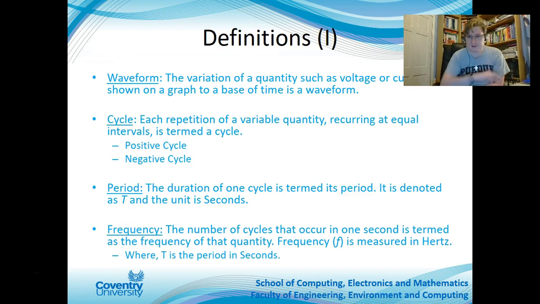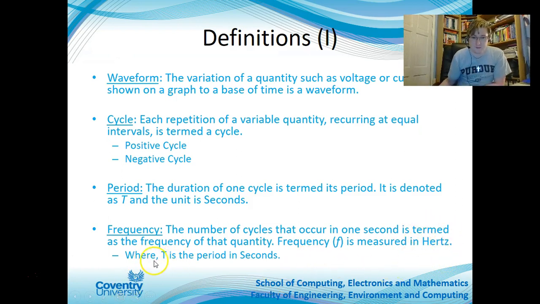Waveform we've already mentioned, so that's like the standard waveform that we've got. Cycle is each repetition. Period is the duration of one cycle, denoted by the letter T, and measured in seconds. And the frequency is the number of cycles that occur in 1 second, and that's measured in hertz.